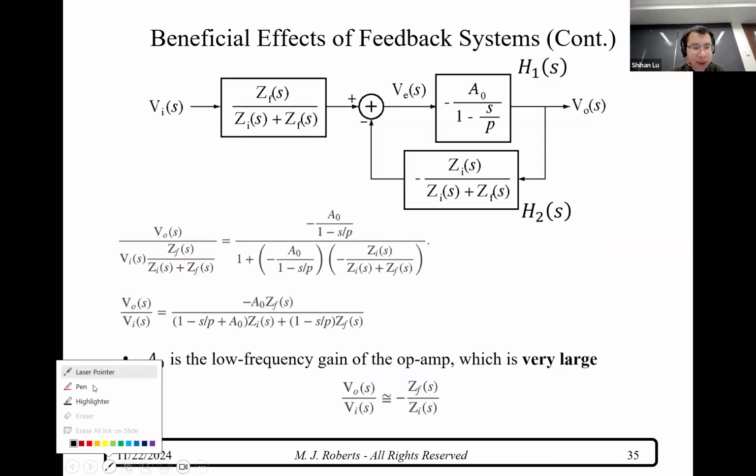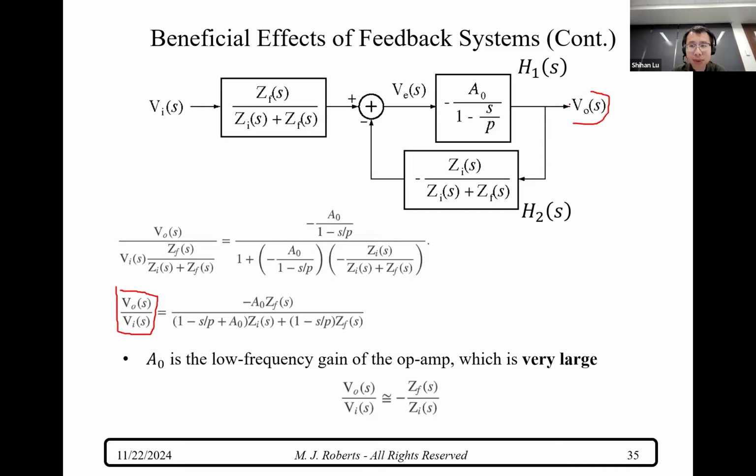Once again, I want to label it VO(s) over VI(s). That's the transfer function of the overall system, essentially following the definition of the transfer function, which is the system output versus the system input, VO(s) over VI(s).